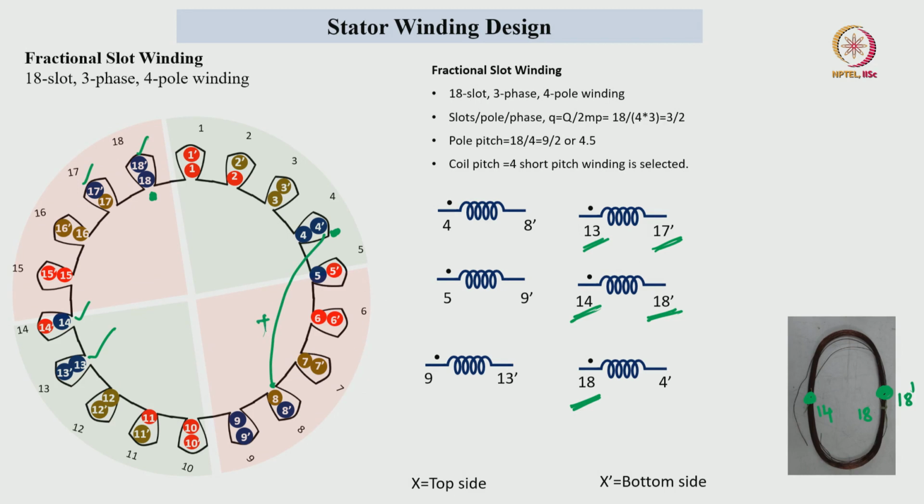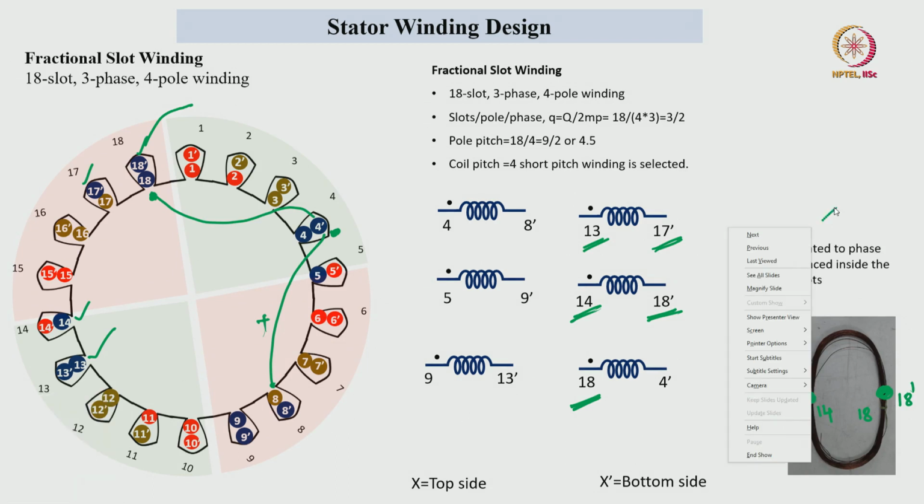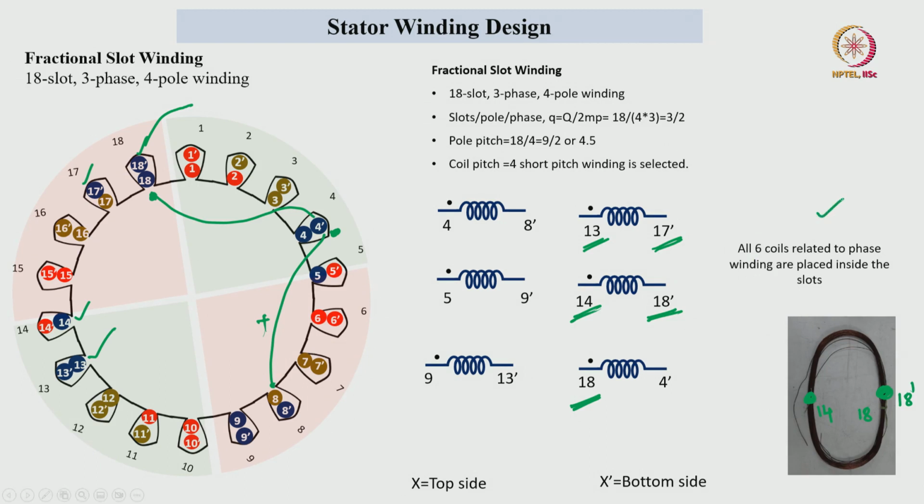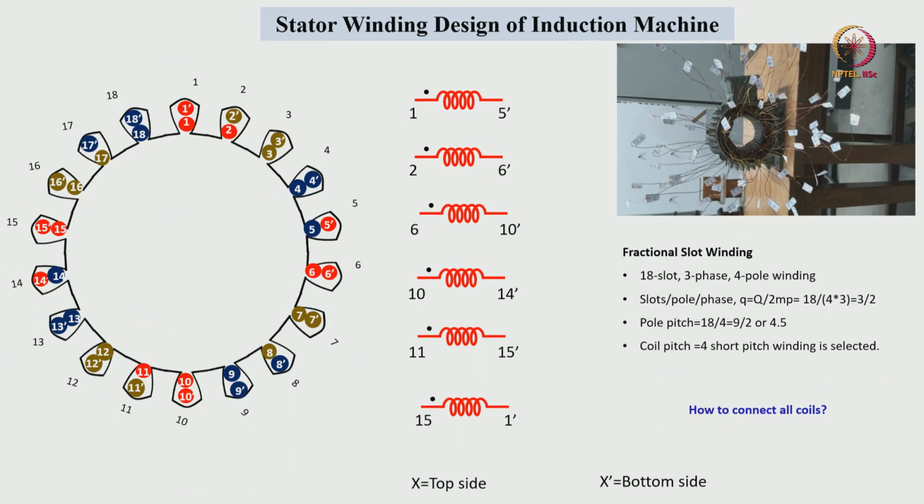That is why we kept it empty at the starting. At the end, the 18th slot top side is connected to the 4th slot bottom side. Like this way, the winding coils related to the third phase are also placed in the respective slots.